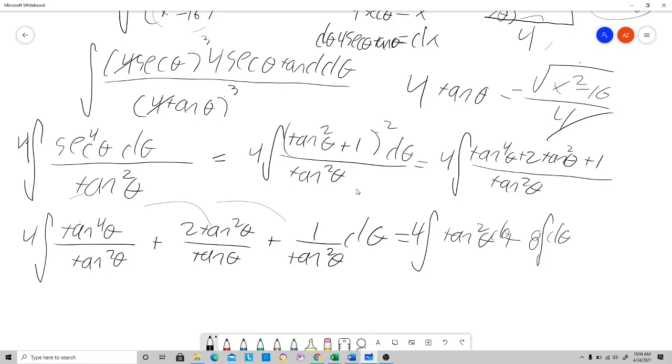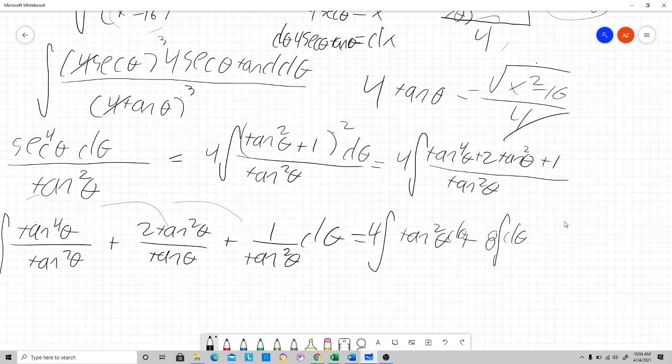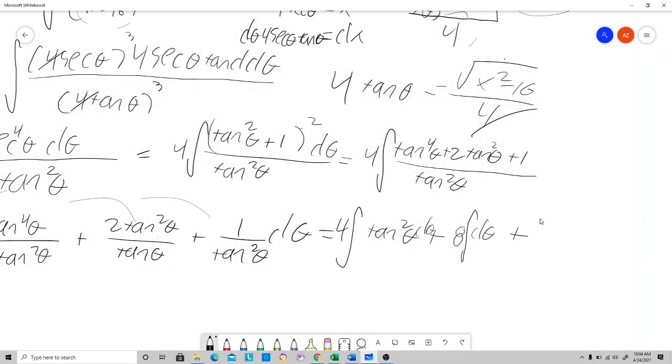I meant to put d theta right here. And for the last one, we should have 4 cotangent squared theta d theta, because 1 over tangent squared is the same thing as cotangent squared.